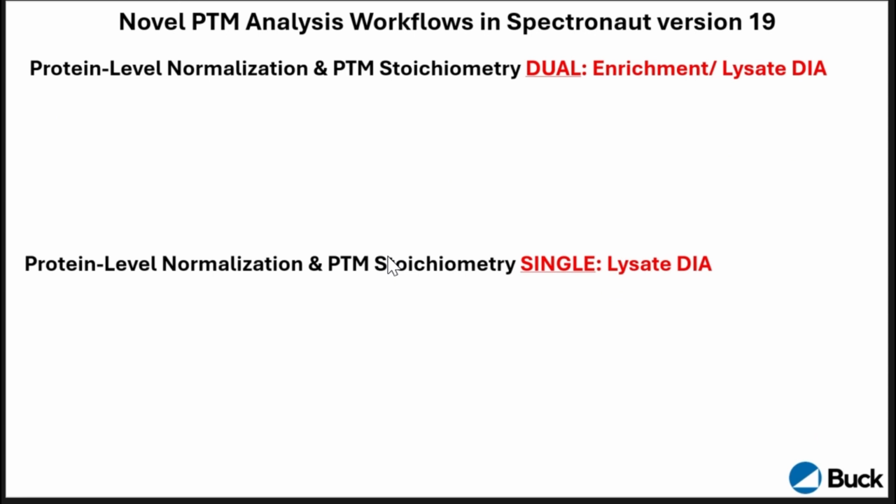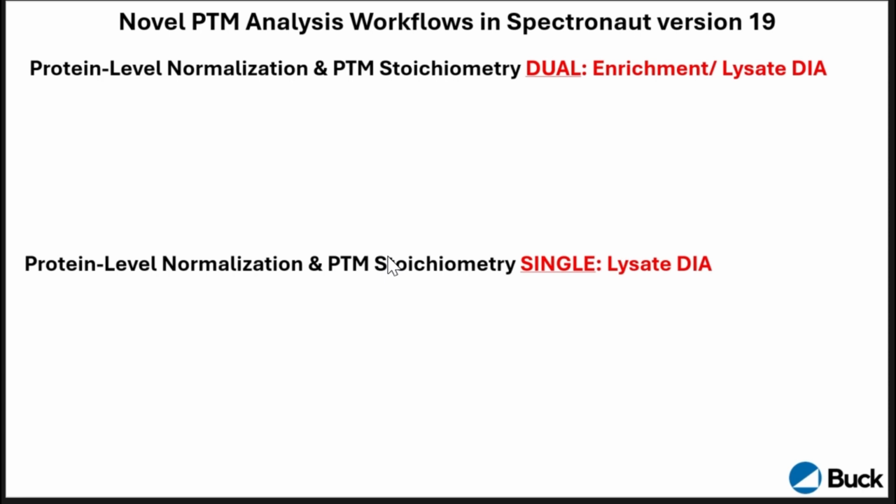In fact, the first one, this is some nomenclature that Joanna came up with. We call it a dual enrichment, where you do enrichment for PTMs. So when you do that, you have to look at the PTM enriched samples. This is what we usually would do. But if you also want insights into stoichiometry, or if you want to do normalization for protein level changes, you also have to look at the lysates, right, the sample before enrichment.